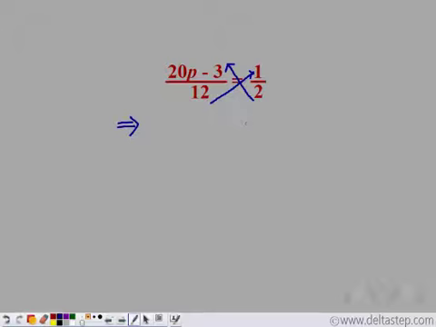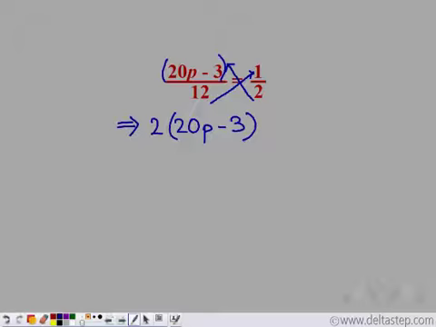So this 2 is in the right hand side. It is in the denominator. So we can take it in the numerator of the left hand side and multiply it with the numerator. This entire thing is the numerator of the left hand side. So 2 will be multiplied with 20p minus 3.